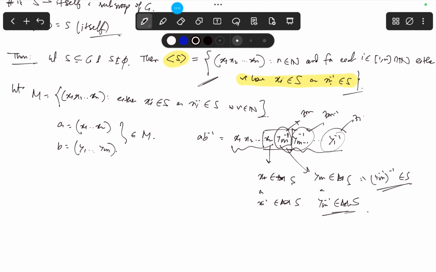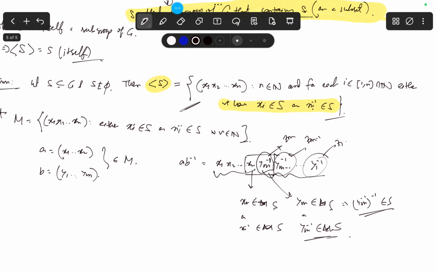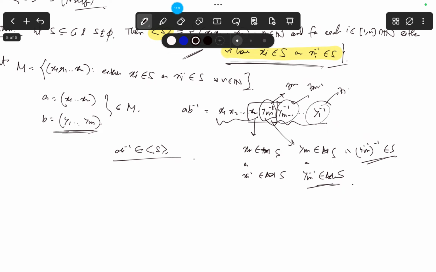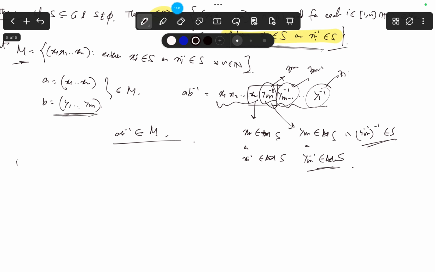Now you can easily visualize that this condition readily implies that AB inverse is inside M. Right now, not the subgroup generated by S, let us just stick with M, because we have not proved that it is a subgroup. Rather, we are just trying to prove it is a subgroup. So that means M is a subgroup.